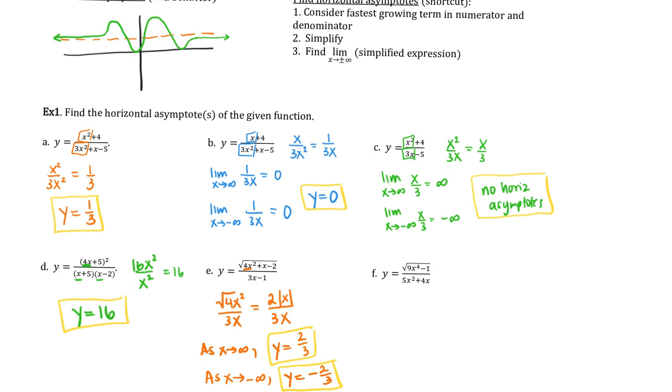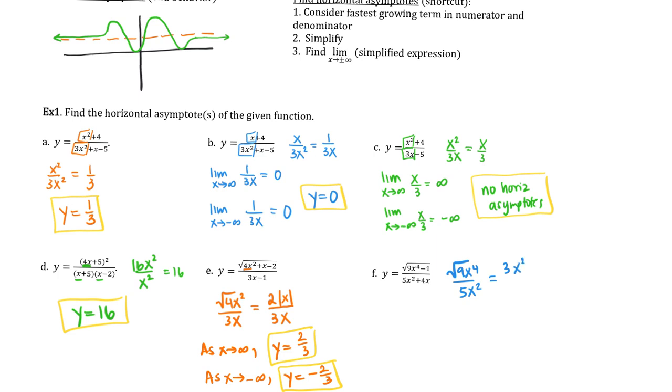Okay, one more. Same, I have infinity over infinity. So consider the highest degree. So I'm going to do the square root of 9x to the fourth over 5x to the second. If I square root 9, I get 3. If I square root x to the fourth, I get x to the second. Do I need absolute value?